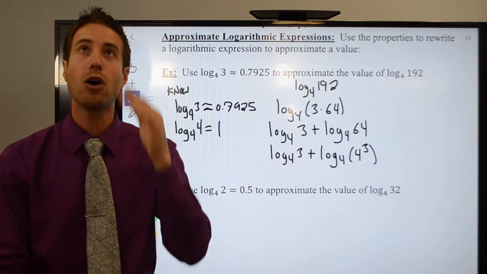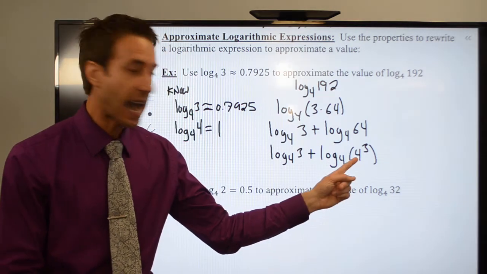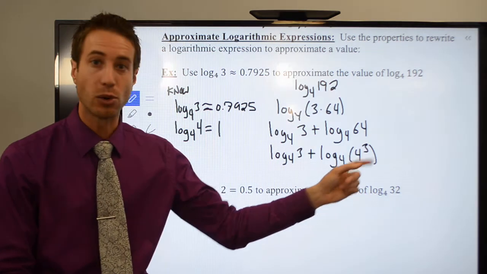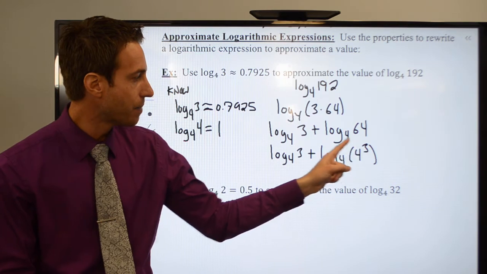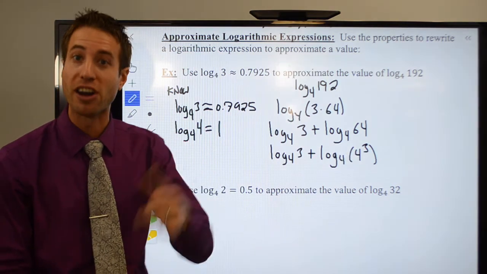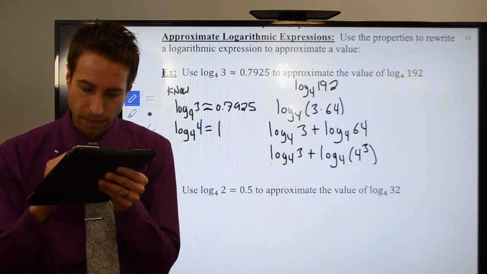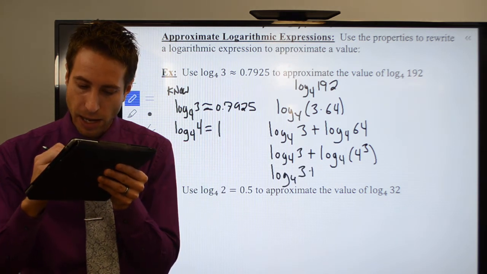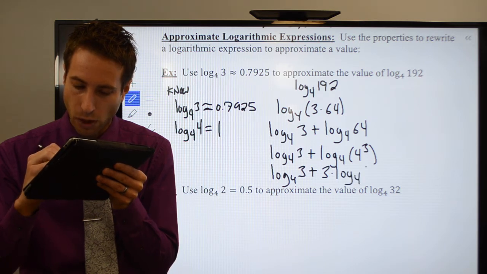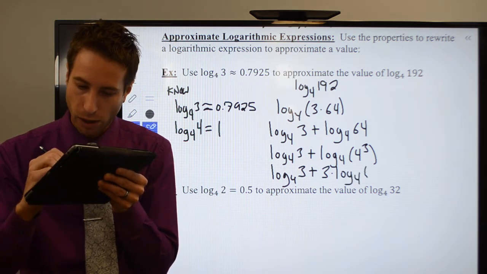And now you're like, oh, look at that. I have an argument raised to a power, and this is the power property of logarithms. I can take that exponent and drop it out front as a coefficient. Log base 4 of 3 plus 3 times the log base 4 of 4.